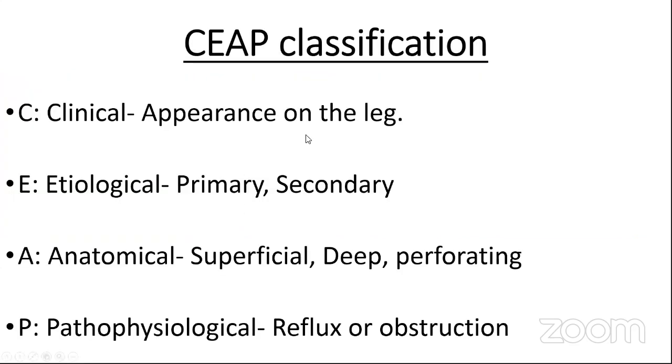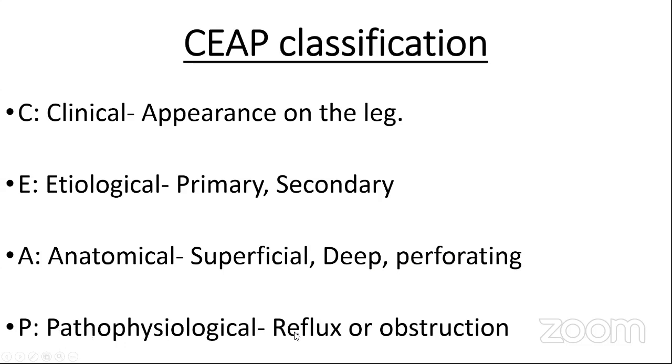Now, there is a classification of this venous insufficiency. It is based on CEAP, the CEAP classification. C is clinical appearance on the leg: malleolar flare, atrophic blanche, or ulcer. Etiology: it can be primary varicose veins, or secondary to deep venous thrombosis or any abdominal malignancy. Anatomy: it can involve superficial veins, deep veins, or perforating veins.